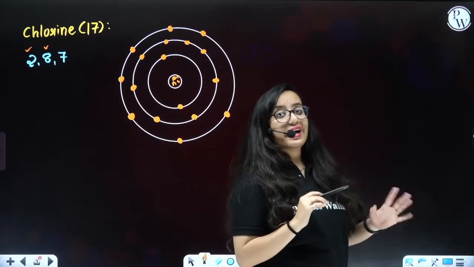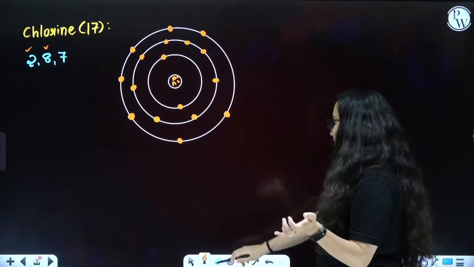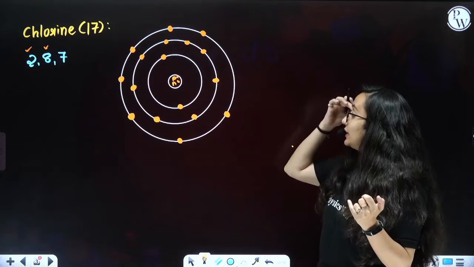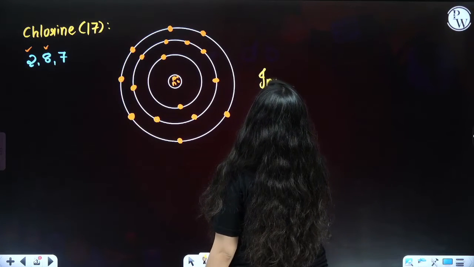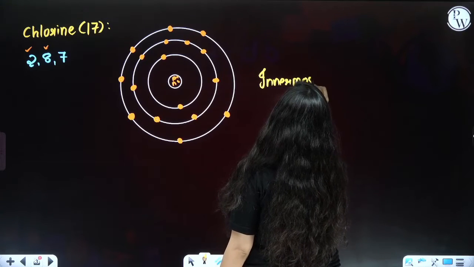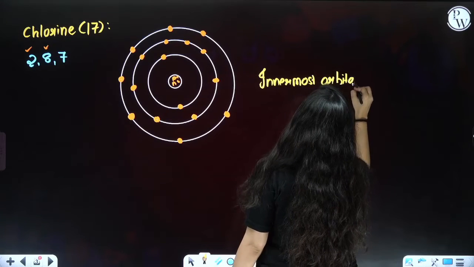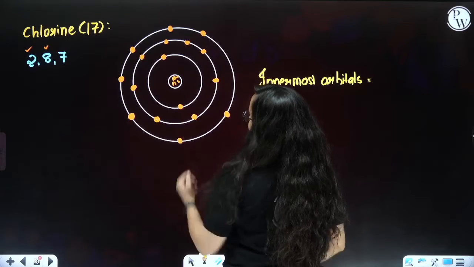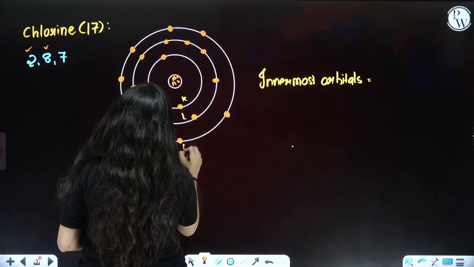Let me ask you, if I ask you which is the innermost orbit, then what will you tell? Innermost orbits are this and this. So this is your K shell, L shell, M shell.